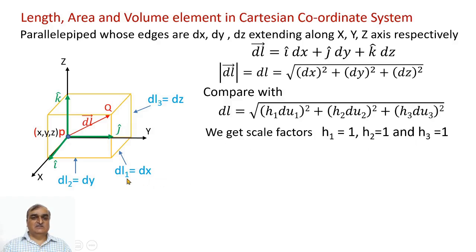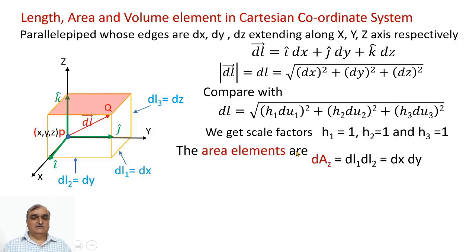Because all these three, dl1, dl2, dl3, are length elements, there is no multiplying factor, therefore h1, h2 and h3 are equal to 1.